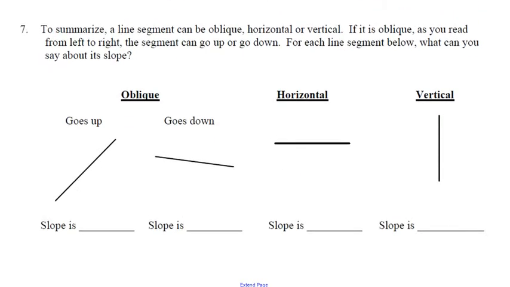To summarize, a line segment can be oblique, it can be horizontal, or it can be vertical. If it is oblique, as you read from left to right, the segment can go up or down. For each line segment below, what can you say about its slope?